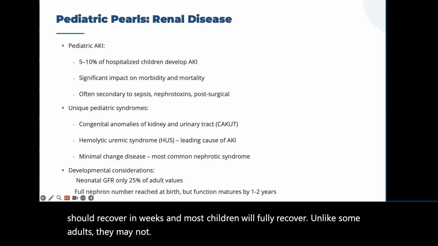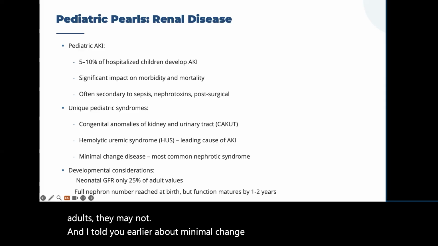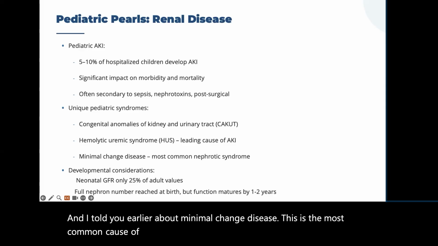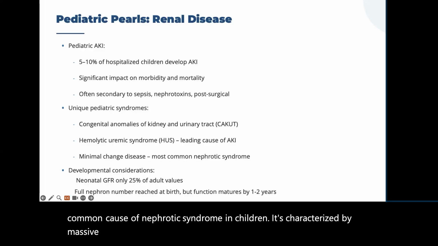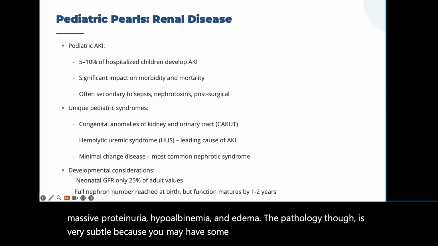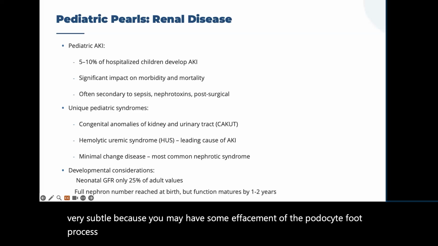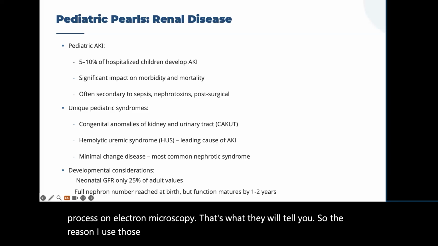And I told you earlier about minimal change disease. This is the most common cause of nephrotic syndrome in children. It's characterized by massive proteinuria, hypoalbuminemia, and edema. The pathology, though, is very subtle because you may have some effacement of the podocyte foot process on electron microscopy. That's what they will tell you. So the reason I use those words, it's not like you're looking under the microscope.